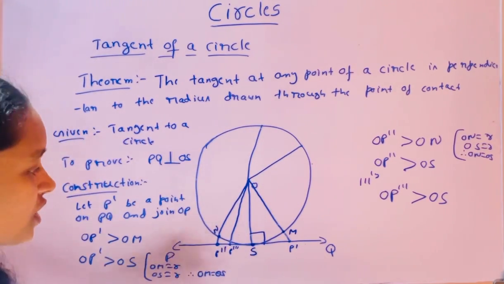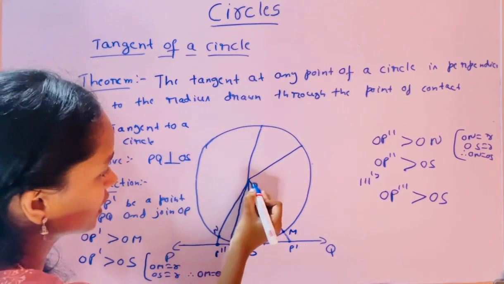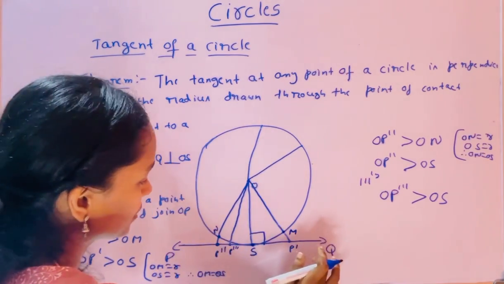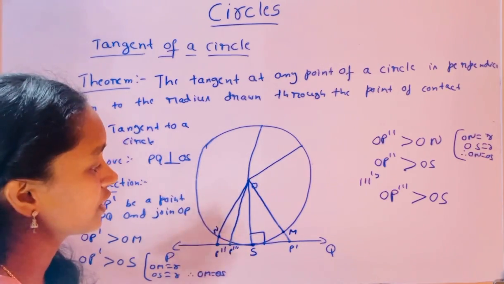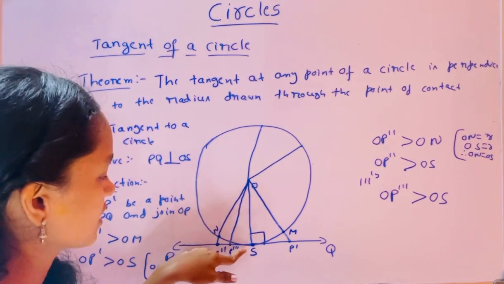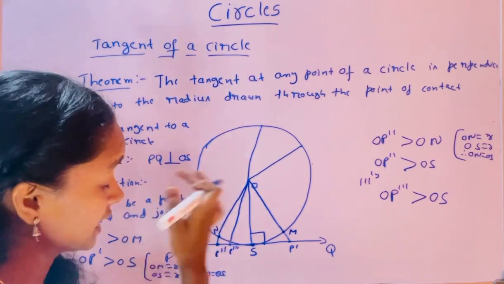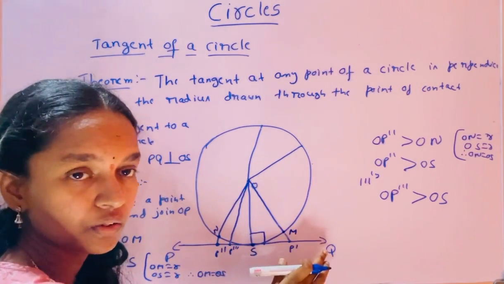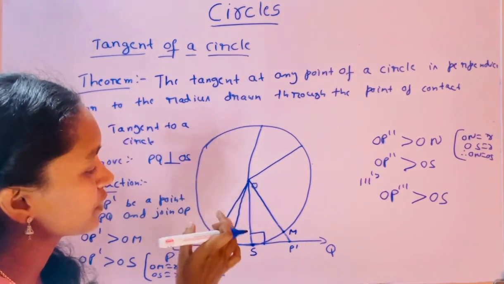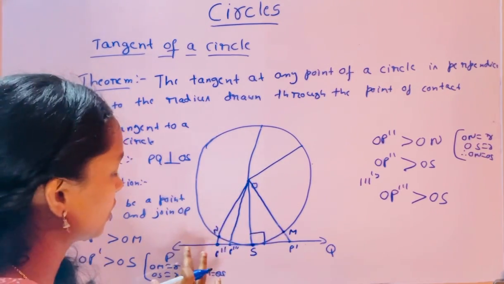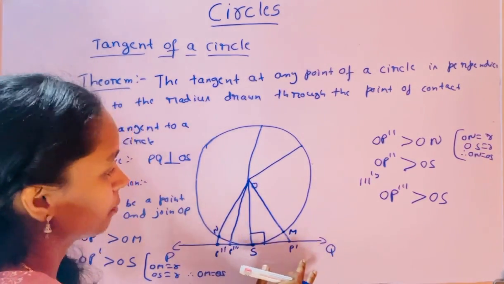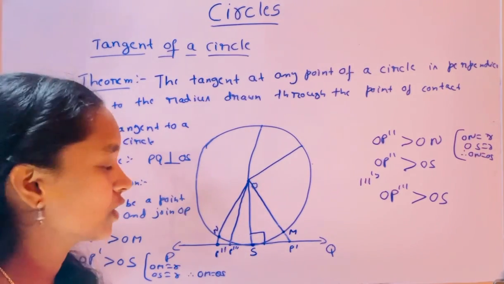So if we take any point on the tangent PQ, obviously that line should be greater than OS. So here the shortest distance between the point O and the tangent PQ is what? OS. Therefore, we can say OS is the shortest distance between the center of the circle and the tangent PQ. Then we can say OS is perpendicular to the tangent PQ, because the shortest distance is the perpendicular distance.